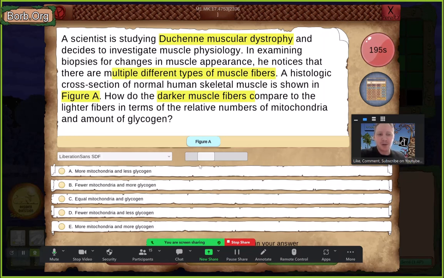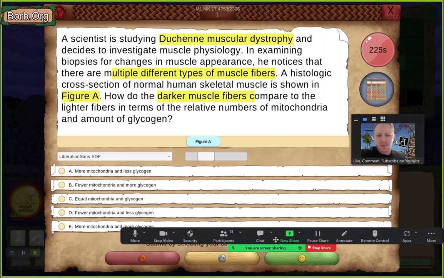The fast twitch muscles are intended to be high force and contractility, but be able to contract quickly, and the refractory period for firing again is small. Whereas the slow twitch muscles are supposed to be more forceful contractions, but take longer to contract and contract less frequently. Why don't we choose an answer and then we'll read the description?